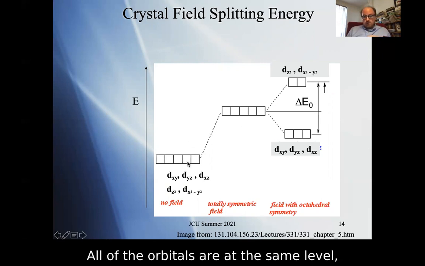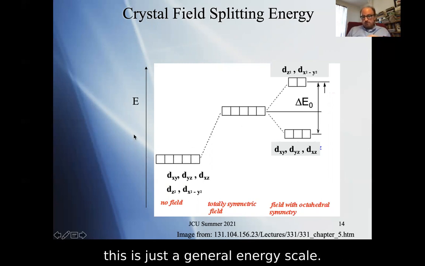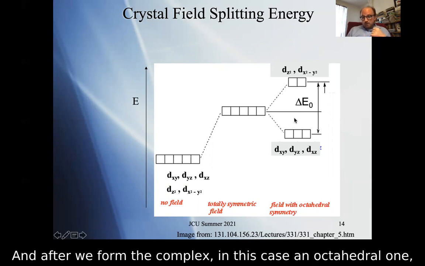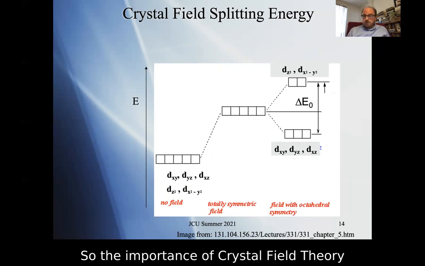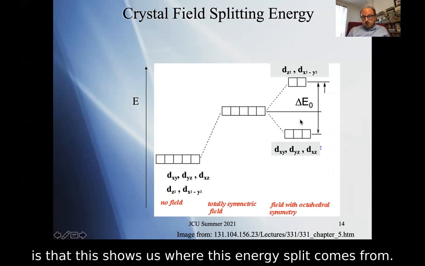All of the orbitals are at the same level. This is just a general energy scale. And after we form the complex, in this case an octahedral one, we end up with orbitals at 2 different energies. So the importance of crystal field theory is that this shows us where this energy split comes from.